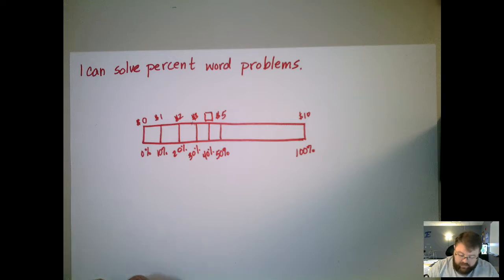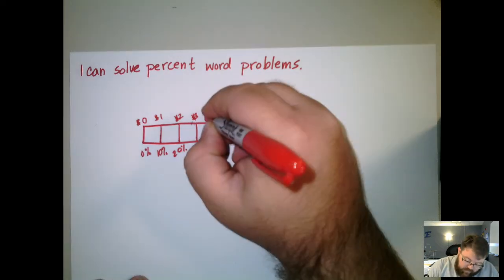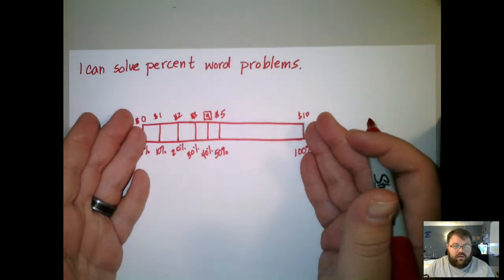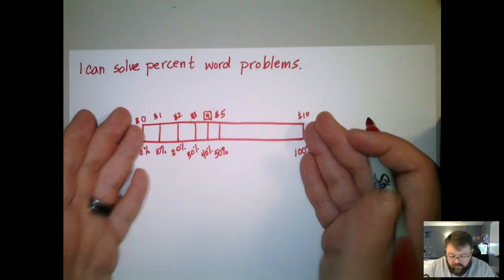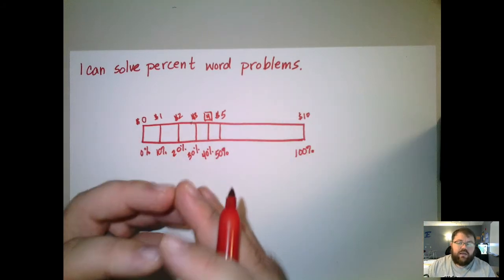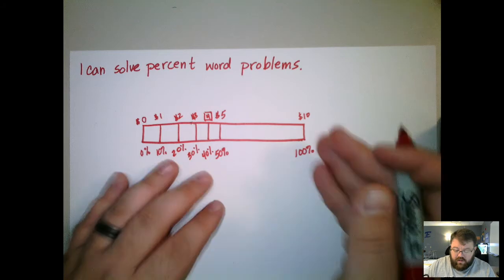Okay, hopefully you said $4. What I'm really trying to get you all to understand is part versus whole. The whole is $10. That's the whole bar. Part is a percentage of the whole.